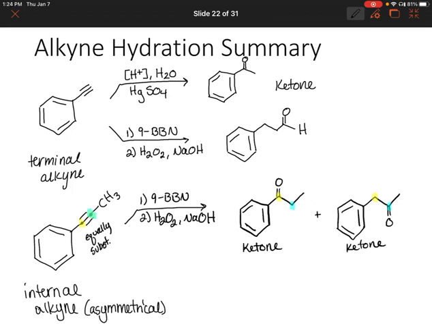All right, so now what would happen if instead of hydroboration oxidation, we performed the acid-catalyzed hydration reagents? What would our products look like?